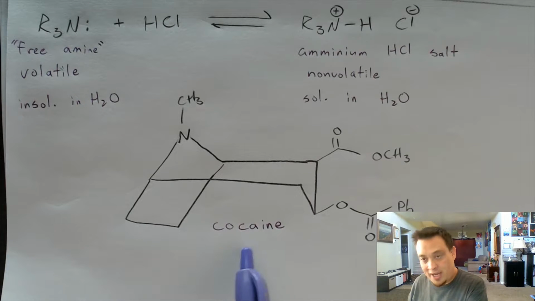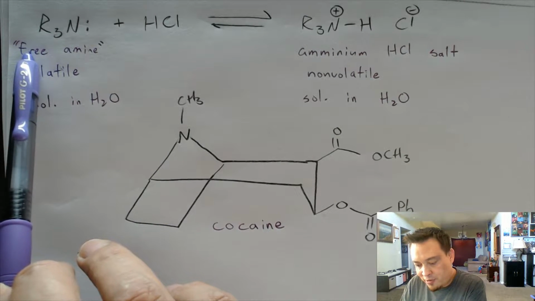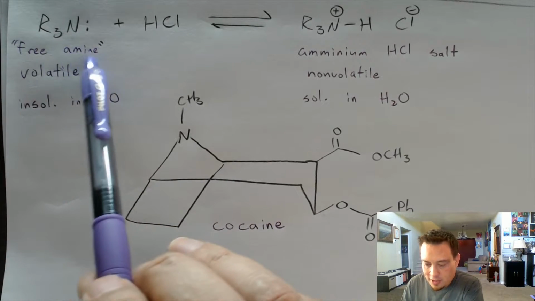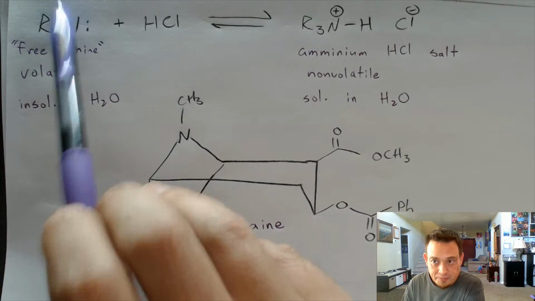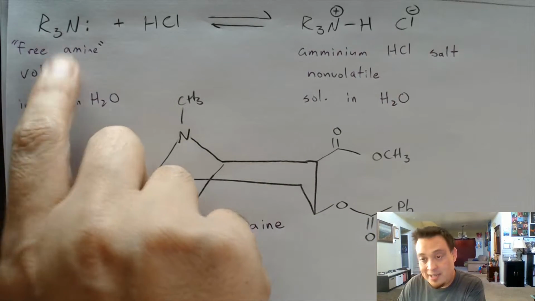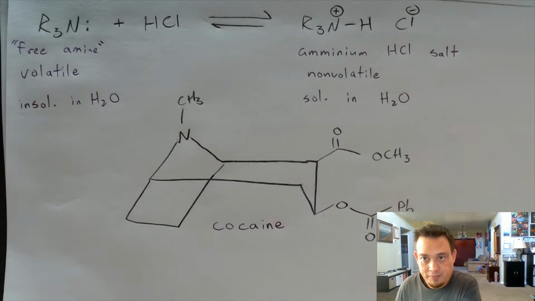If you're talking about cocaine, people often refer to that as free basing, referring to the free base here. Another term people use for this form is crack. So if you ever heard of crack cocaine, it is the deprotonated form of regular cocaine.